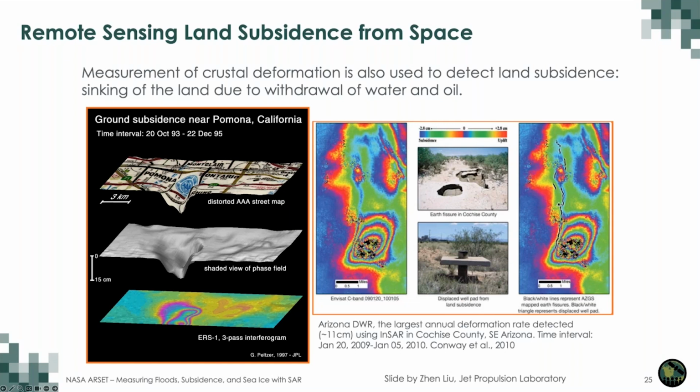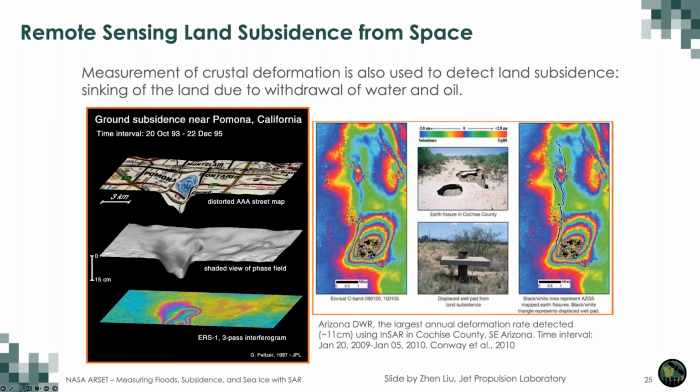He made this neat three-dimensional perspective view of the InSAR phase and added in the AAA street map here to show how that ground surface is highly exaggerated. The actual amount of deformation here is 15 centimeters, and it was over 2 years.